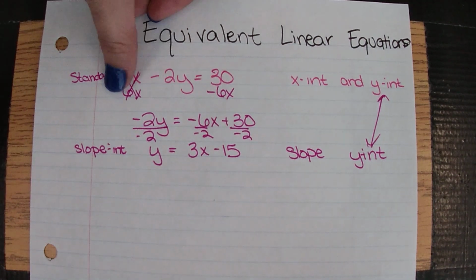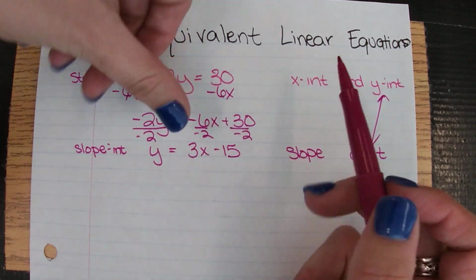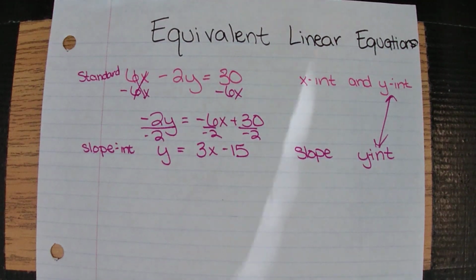If I cover up and divide, I'm still going to get a negative 15. But up here, I could find the x-intercept. Down here, I now can find the slope. Okay, so when we are in standard form, we're able to find the x-intercept that we can't find in slope-intercept. And in slope-intercept, we're now able to find the slope, which we weren't able to find in standard form.